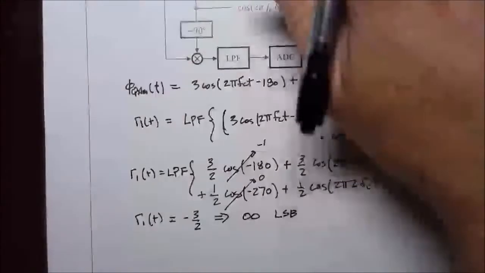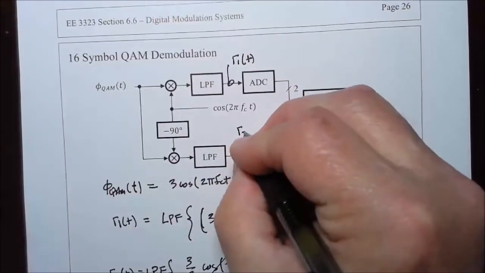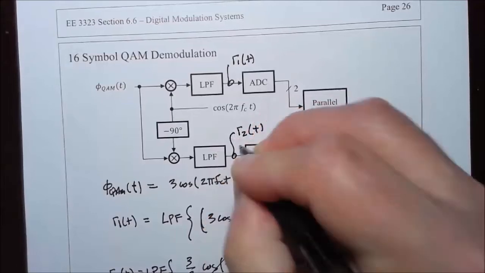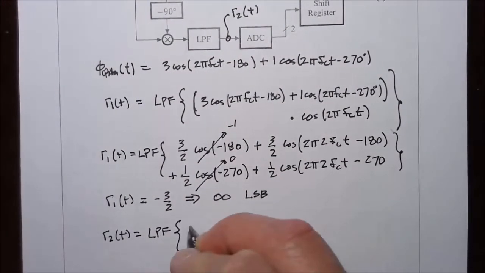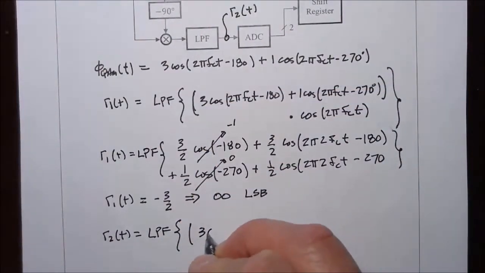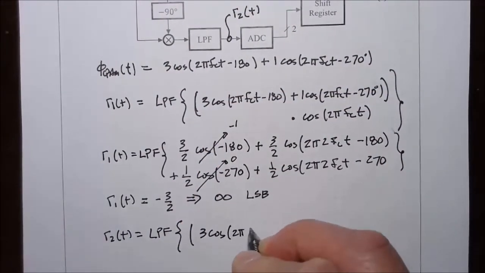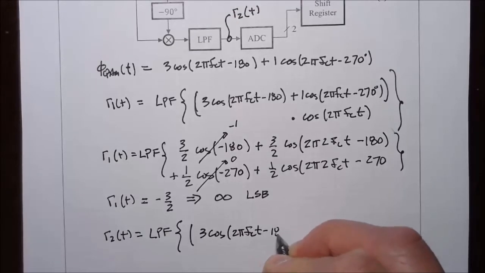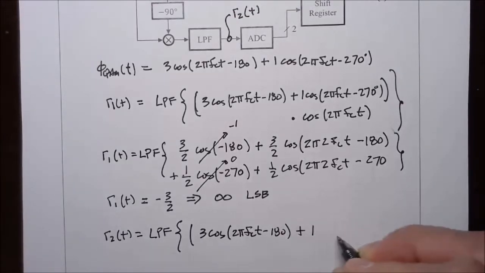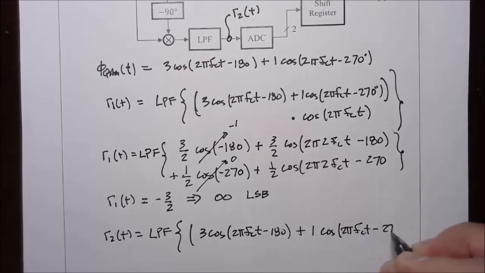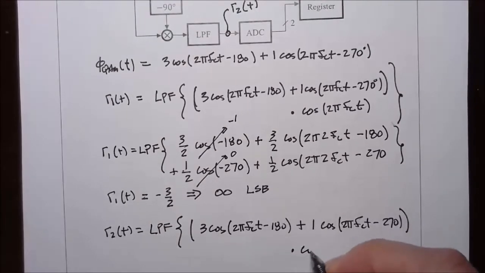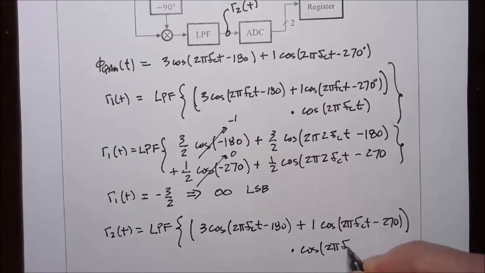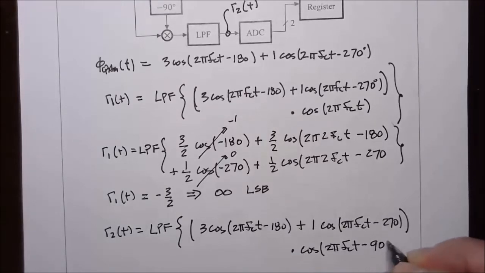Then if we find R2 of t, that's equal to the low pass filtered version of, again, 3 cosine 2 pi FCT minus 180 degrees plus 1 cosine 2 pi FCT minus 270 degrees, and that all multiplies cosine 2 pi FCT minus 90 degrees.